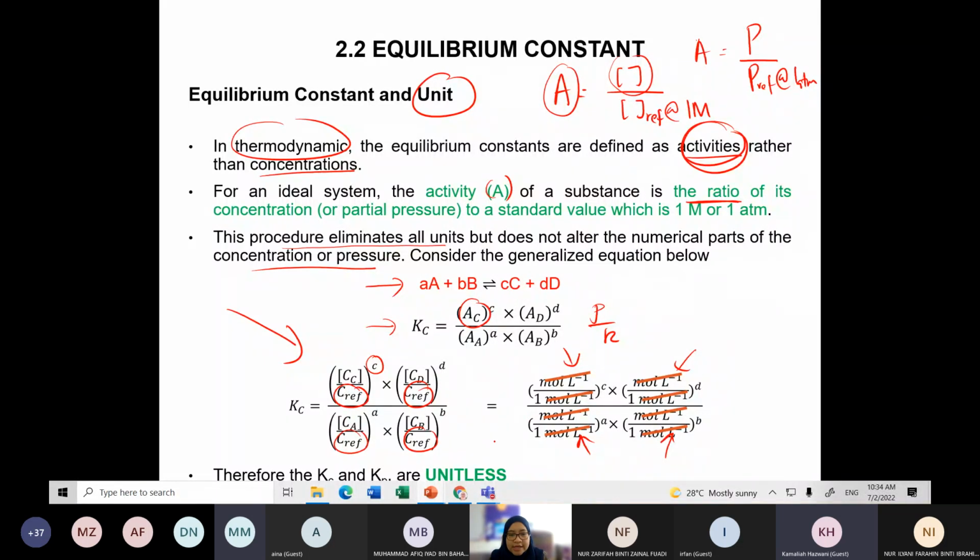That is why KC and KP are unitless, because we are referring to activities. To simplify, the reference concentration is always 1 molar.